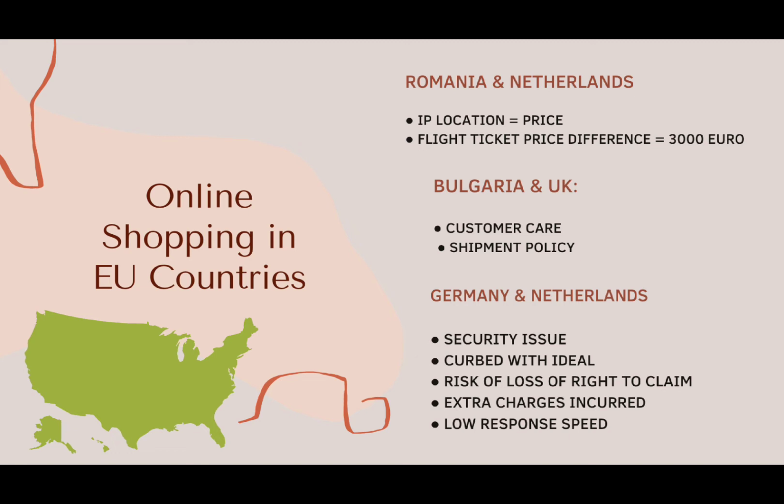For Bulgaria and the UK, the issue is about customer care and shipment policy, while in Germany and the Netherlands we have the security issues: chargeback with iDEAL, risk of loss of the right to claim, external charges incurred, and low response speed. So those are the issues and concerns in the given case study, and we are done enumerating those.